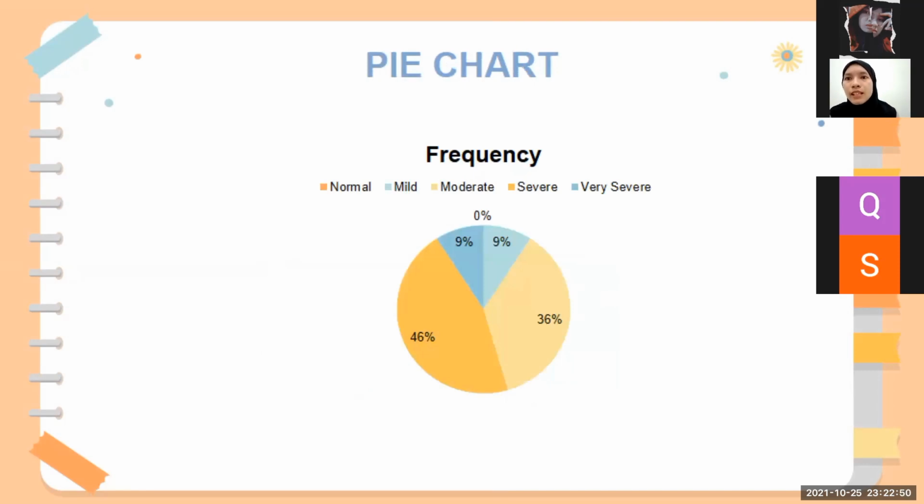Okay, the next is the pie chart. Here, a pie chart is usually followed by the percentage. Here we can see normal is 0%, mild is 9%, moderate is 36%, and so on.